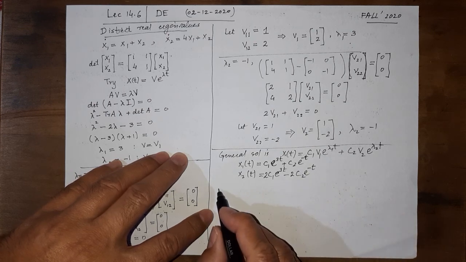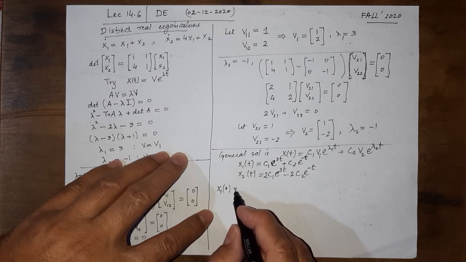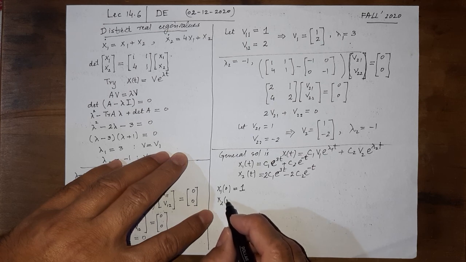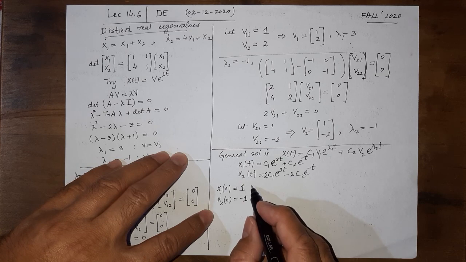So suppose the initial conditions were x1 at 0 is 1 and say x2 at 0 is minus 1. So I'm just randomly taking the values.